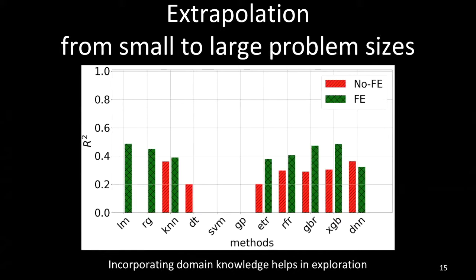SVM and GP, for both the cases, it didn't work well because it has its own assumptions, the idea of neighborhood and proximity. Both are kernel-based methods, and one possible way to overcome this is to use a different kernel. We use radial basis function, which is basically a weighted sum of my nearest neighbors. But when I want to do extrapolation, I don't have any neighbors, right? So that's why the performance is really bad.